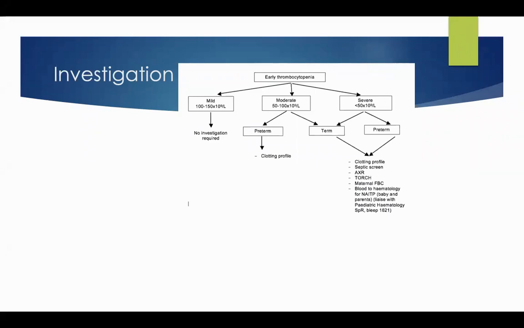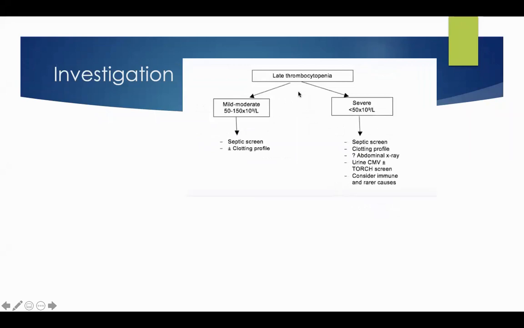And if you have severe thrombocytopenia with a platelet count of less than 50, then you would need to exclude other causes of the thrombocytopenia. So excluding sepsis, abdominal X-ray to exclude NEC, and sending blood to hematology to check for NAIT.